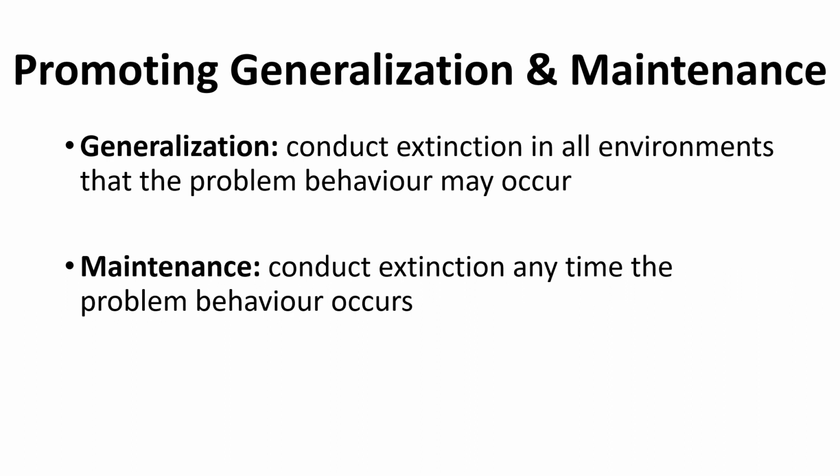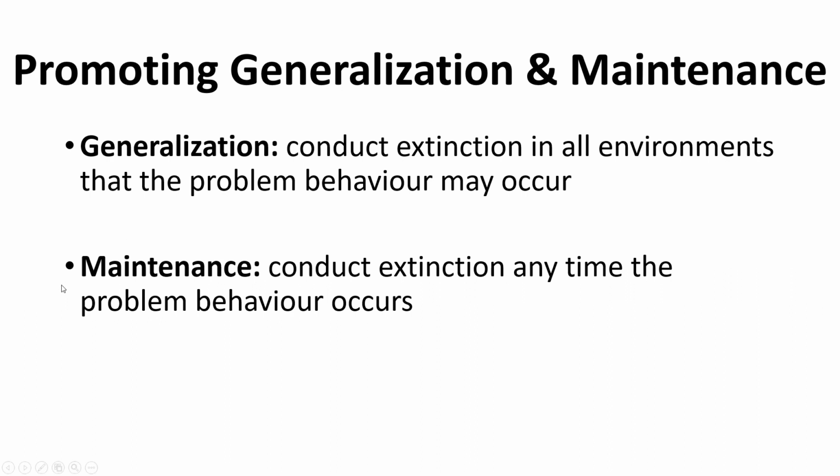If they're doing it at home, you want to do it at home as well. Anywhere that that behavior crops up, you're going to want to have this extinction process. Otherwise, extinction tends to be fairly specific, and if you only use that procedure, say, at home, you might still have problems at school. So if you want it to apply everywhere at all times, then you want to do the procedure everywhere at different times.